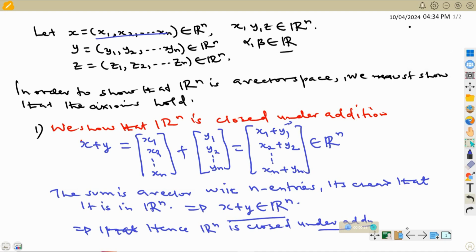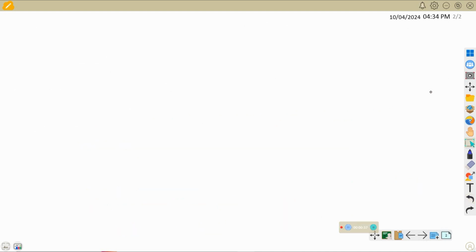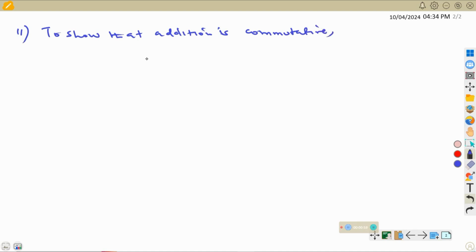So looking at axiom number 2, we need to show that addition is commutative. We need to show that addition is commutative. So for that case, let us consider x plus y.